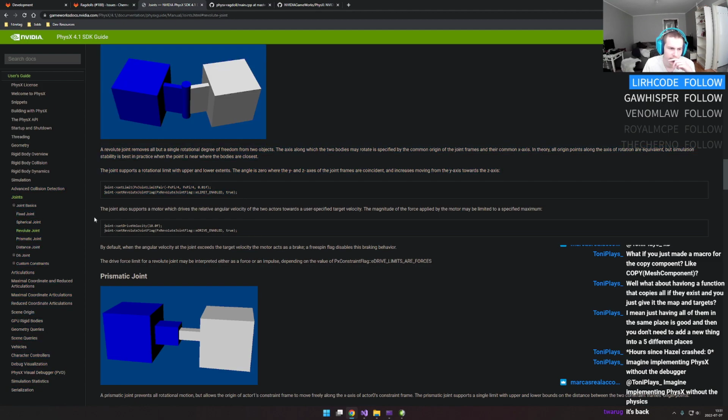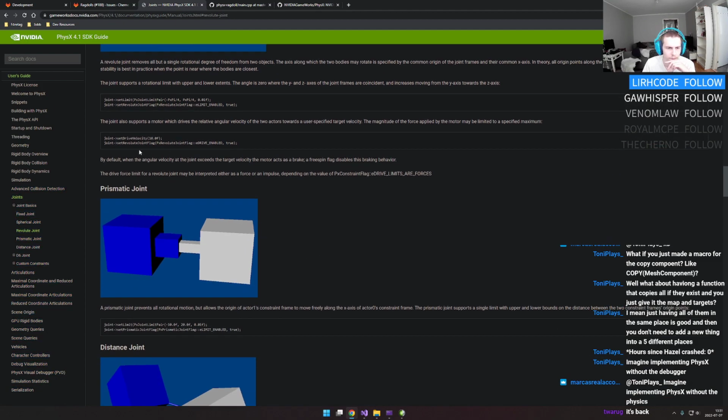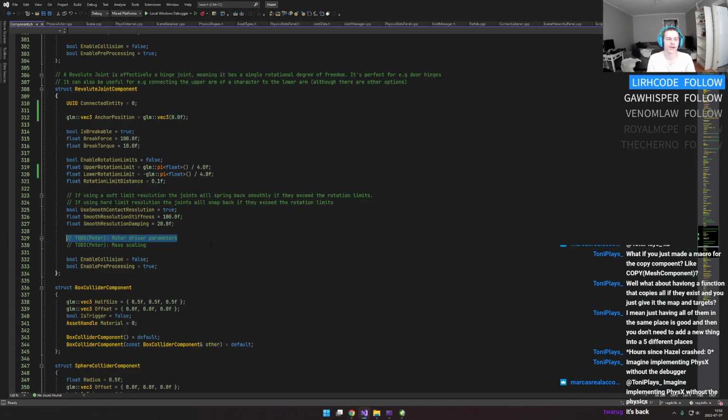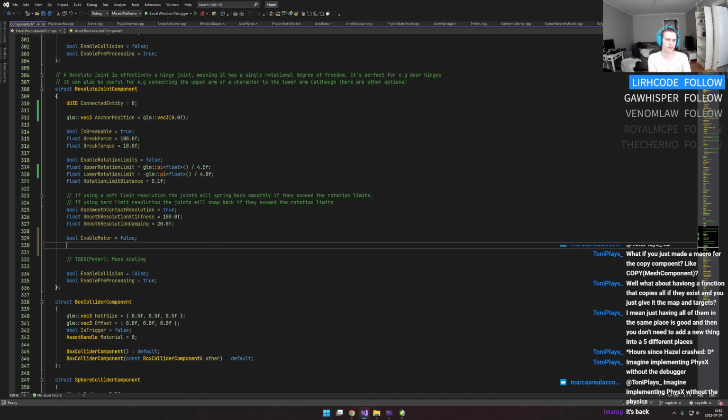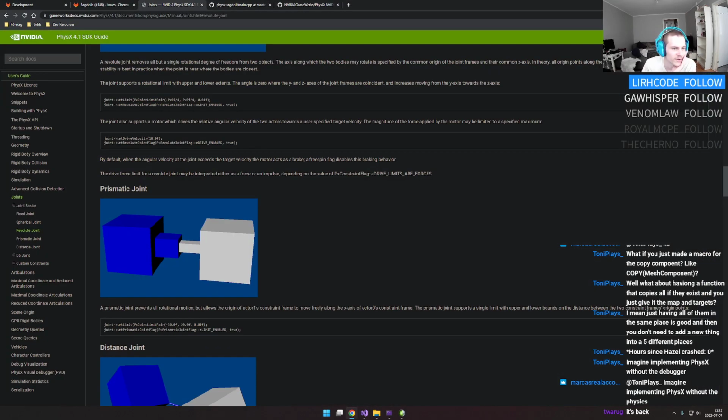So that's the limit, and we also have motor, which drives the relative angular velocity of the reaction towards the specified target velocity. Let's actually go ahead and just add that. Enable motor. And what parameters do we have? The target velocity.